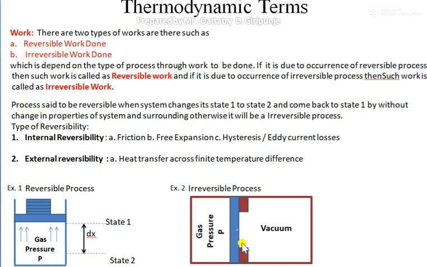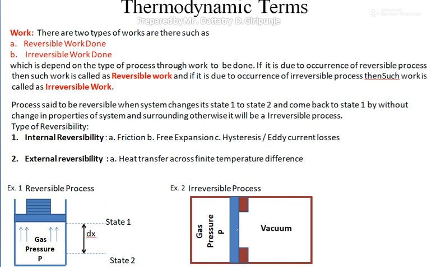It has a stopper. Whenever I remove the stopper, what will happen, as I saw in the previous lecture? The pressure of this gas is responsible for pushing that piston in this direction, as vacuum is present here. Now my system transforms from state 1 to state 2.